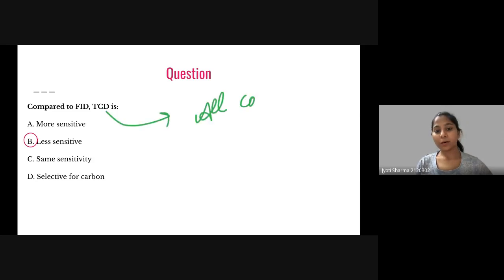It can detect all compound. It means, then why is the need of this FID or different type of detector? It means no doubt it can detect that it is different compound, but what is that compound? And we need more information about this, right? So no doubt TCD is universal, but the sensitivity is less. That's why we use very specific detector also. So TCD is less sensitive as comparison to FID.